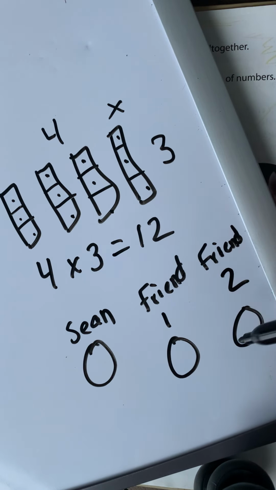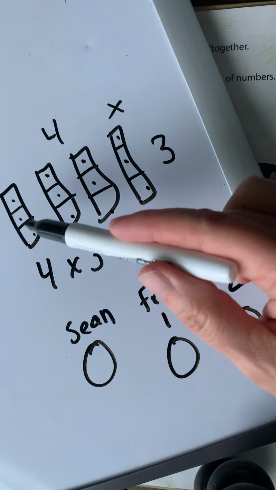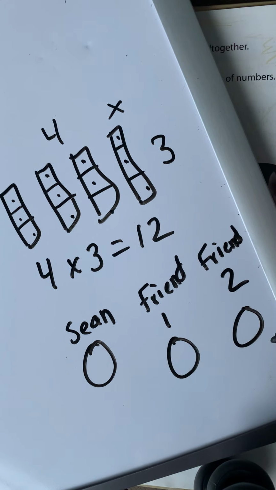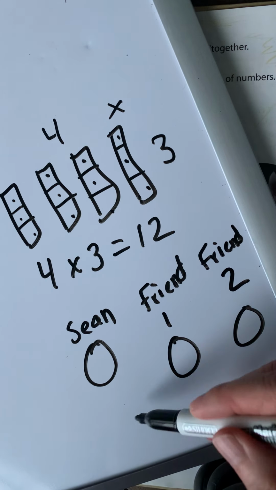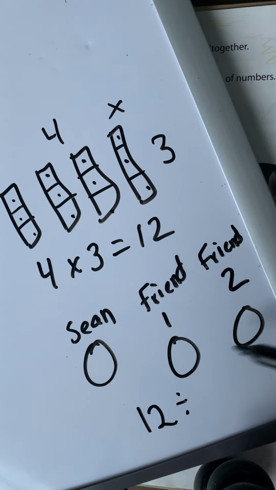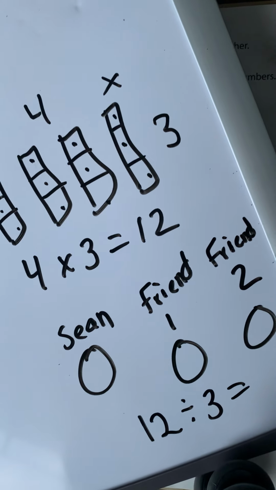How many does each friend get? How many does each person get? So you have to take those 12, divide it out into here. Get rid of all 12 pieces into here. So you're going to go 12 divided by 1, 2, 3 equals, how many does each friend get? Okay, so I pretty much solved all that for you, but just an idea of what we're looking for.